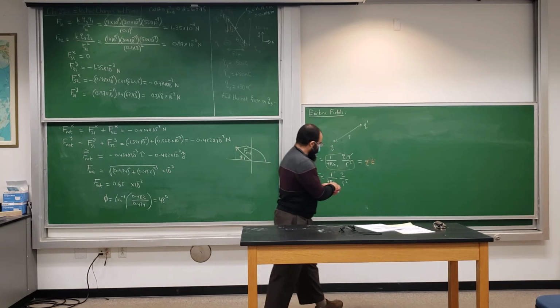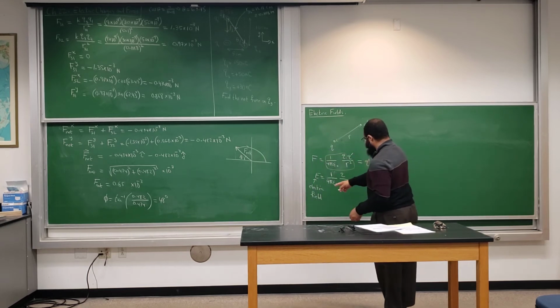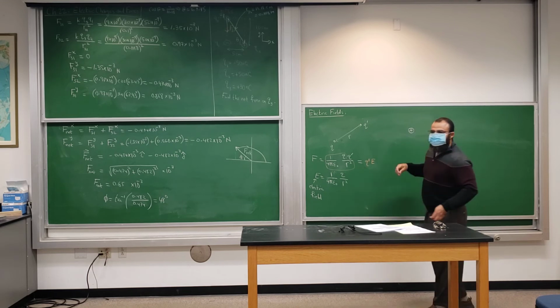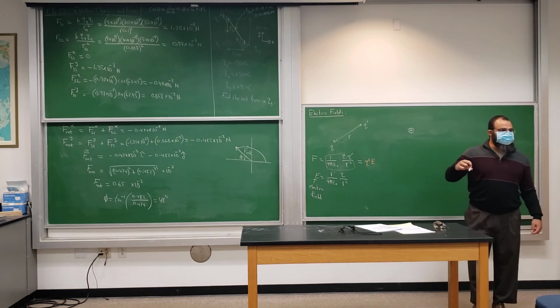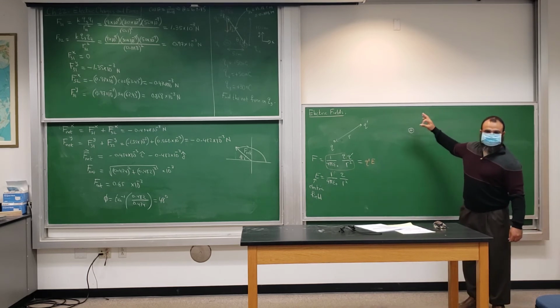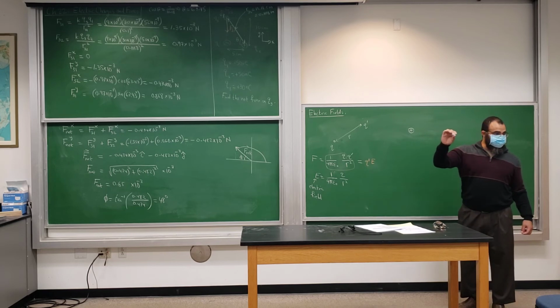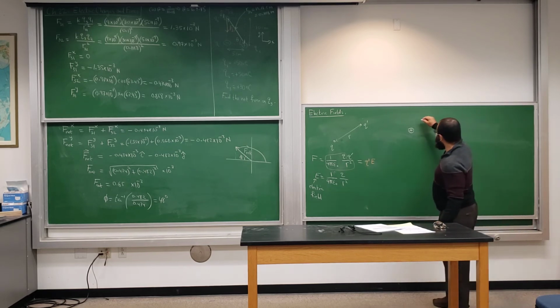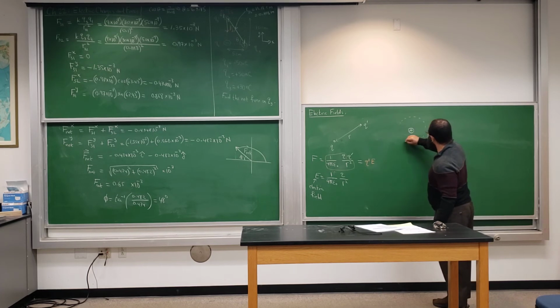So if I have a plus charge, we can think of it as creating an electric field. Basically, every point in space would be assigned some vector. If we are a distance r away, the electric field always points away.